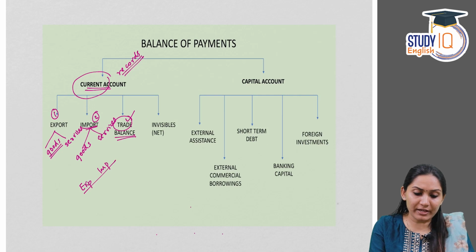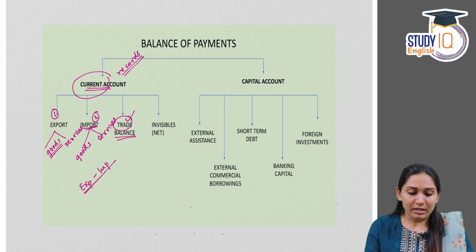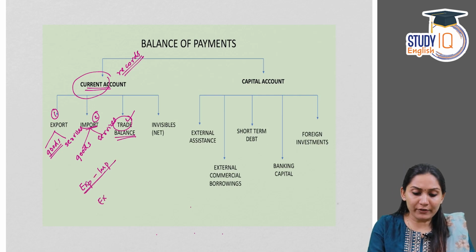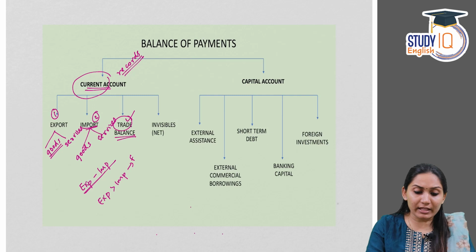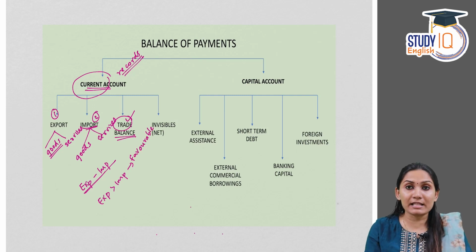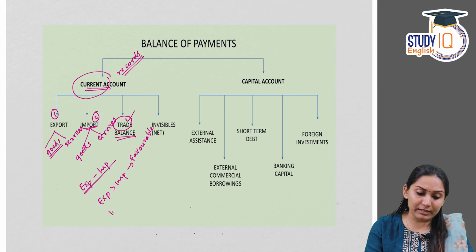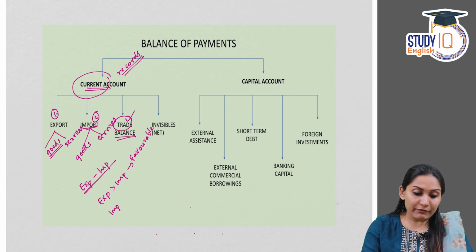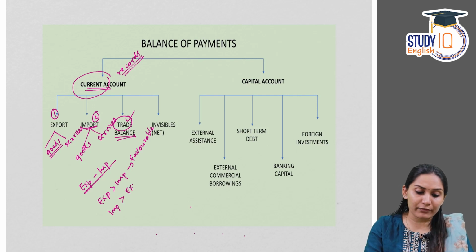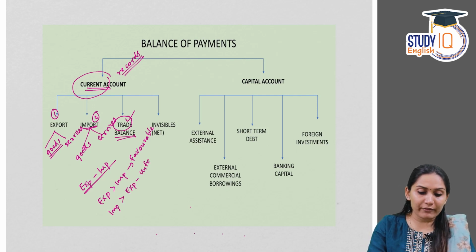Now, if the exports of a country are higher than the imports, we call it a favorable trade balance. And if the value of imports, not the quantity but the value, is higher than that of exports, we call it unfavorable trade balance.